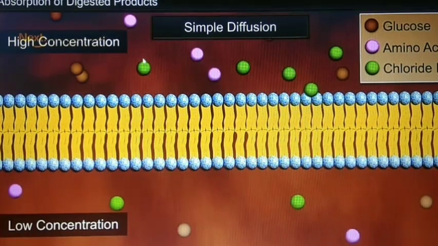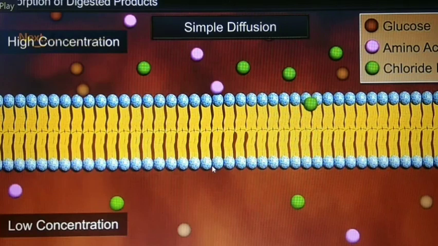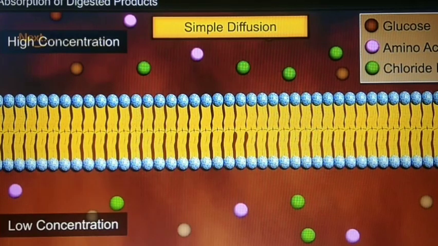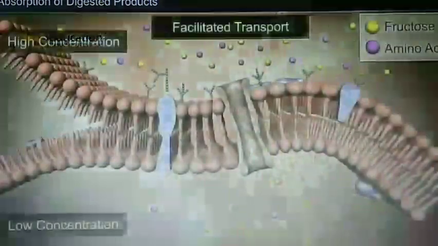So these nutrients will pass from the higher concentration to the lower concentration, along a concentration gradient, until the concentration becomes almost equal. This is simple diffusion, a type of passive transport without the use of energy.